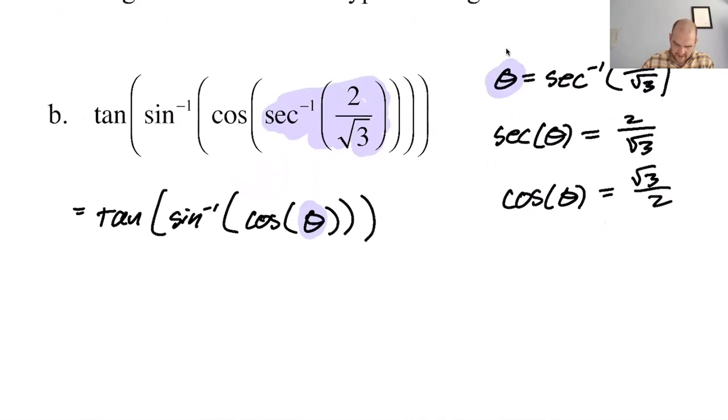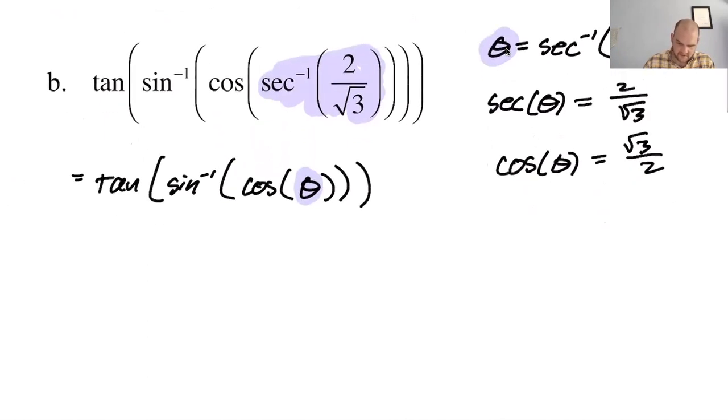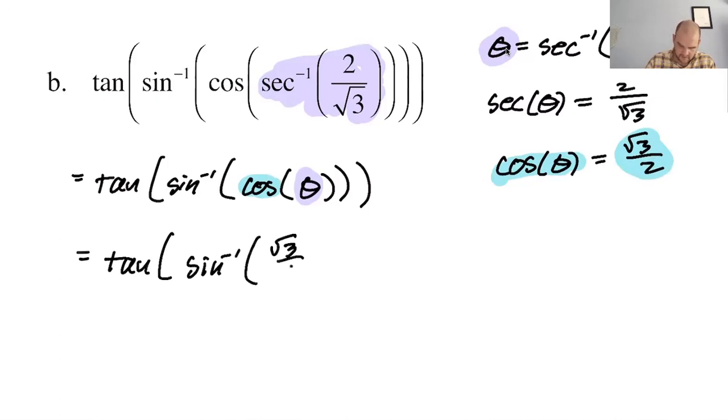I just figured out that the cosine of theta is this. So if I find this, now I'm doing the tangent. You have to look for these things as you go. The tangent of the inverse sine of the cosine of theta, which is root 3 over 2. I think we're probably in pretty good shape.